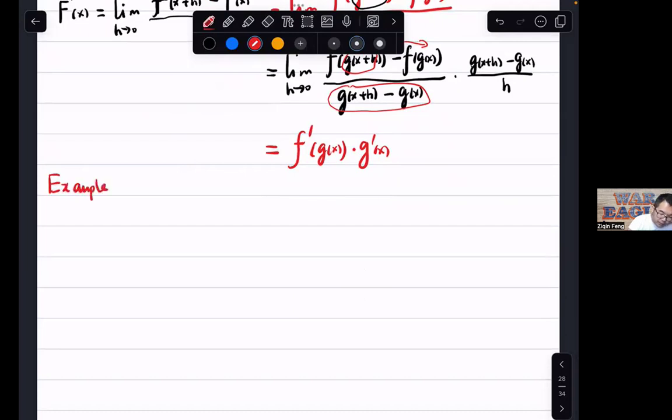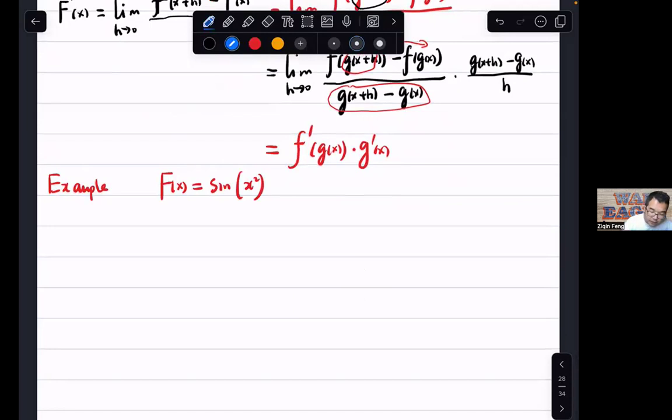Okay, let's see a couple of examples. Our function is f of x equals sine of x squared. You want to decompose your function as two functions such that you know how to differentiate each of them. Then you apply the chain rule.